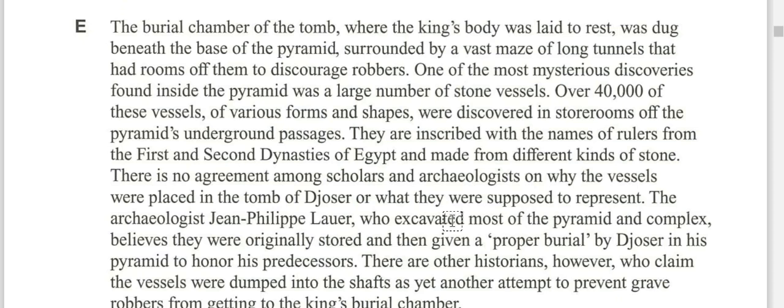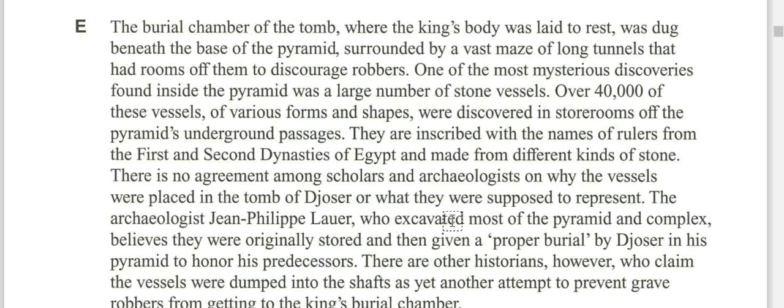They are inscribed with the names of rulers from the first and second dynasties of Egypt and made from different kinds of stone.